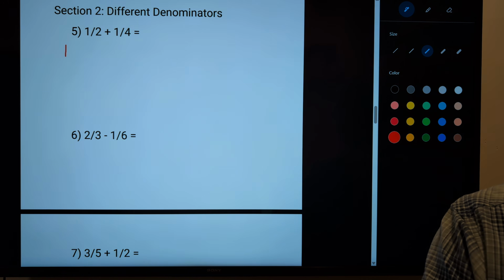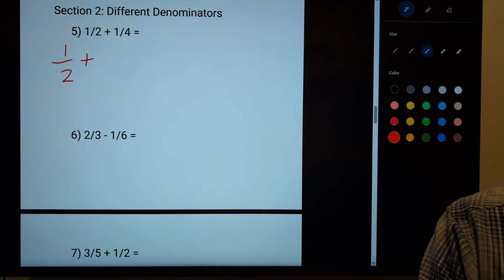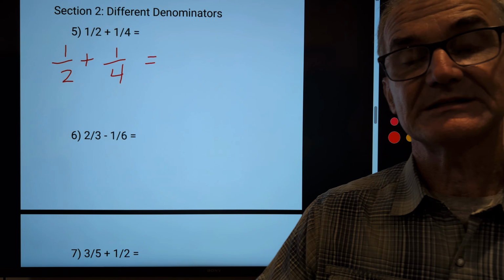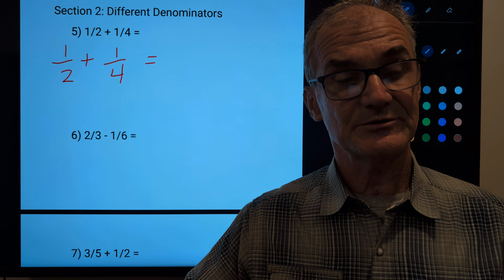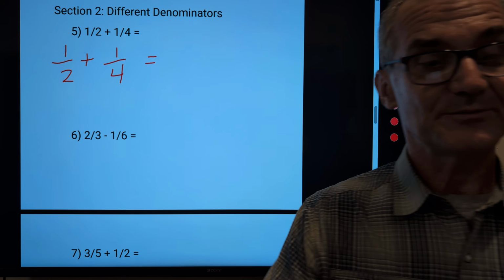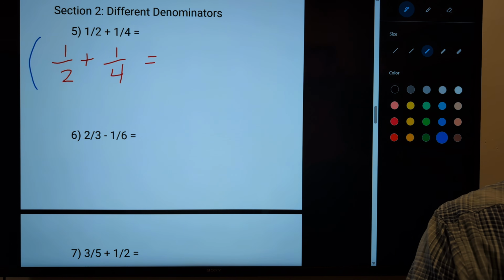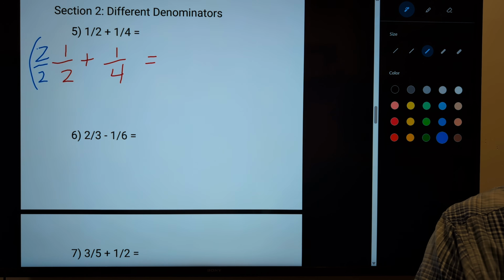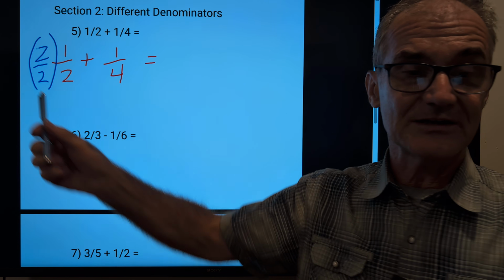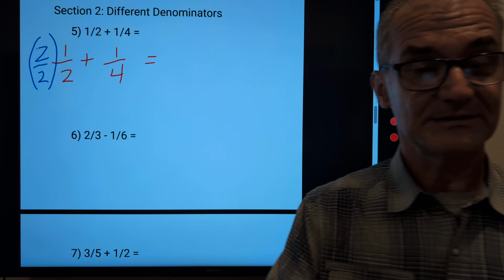So I have 1/2 plus 1/4. My common denominator, the number that both those bottom numbers will go into, will be 4. So that first one, I need that 2 to be a 4. I'm going to multiply it by 2 over 2. Again, I am multiplying it by a 1. Doesn't change the value of it, but it will give me that common denominator.